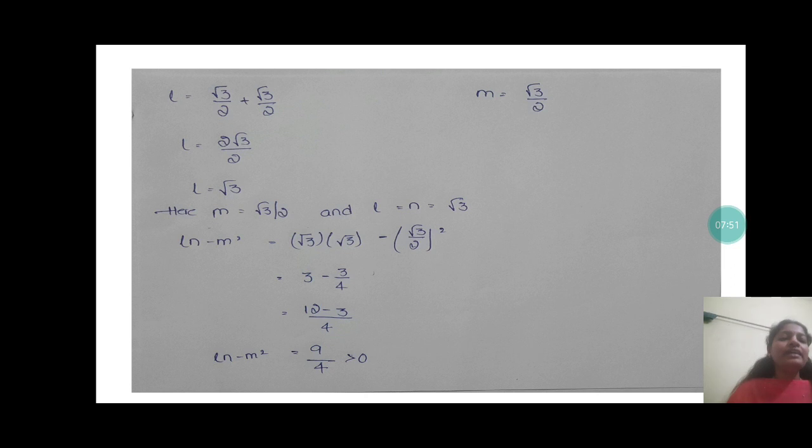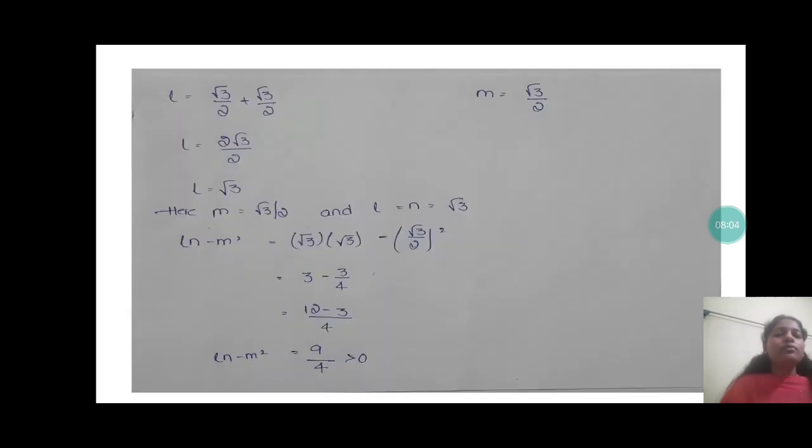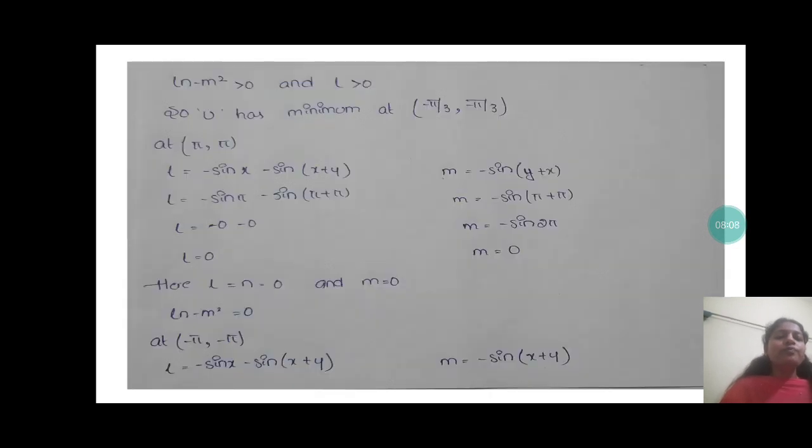So ln minus m square is equal to 9 by 4, greater than 0, and here L is not 0. Here L is greater than 0. So ln minus m square is greater than 0 and L is greater than 0. So u has a minimum at (minus pi by 3, minus pi by 3).